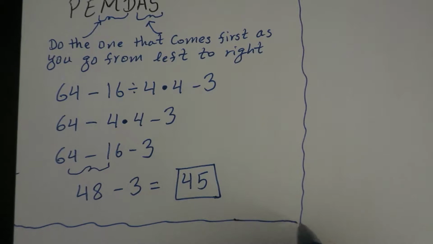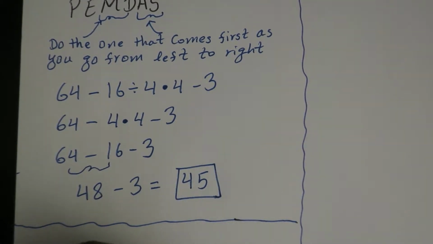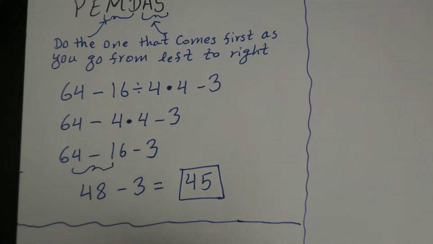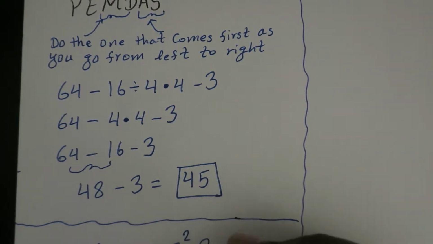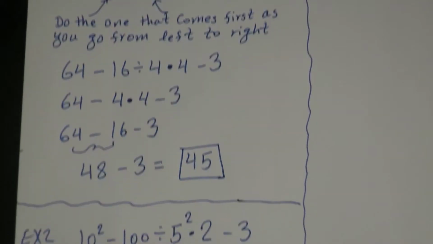Now let's look at another problem. So let's call it example number 2. 10 squared minus 100 divided by 5 to the second power times 2 minus 3. How do we solve this problem?